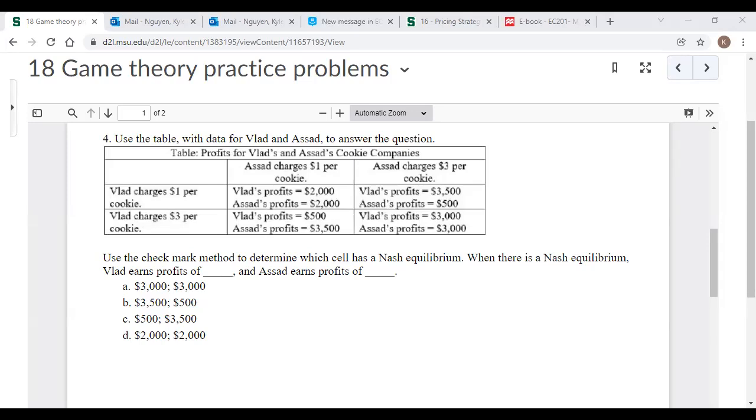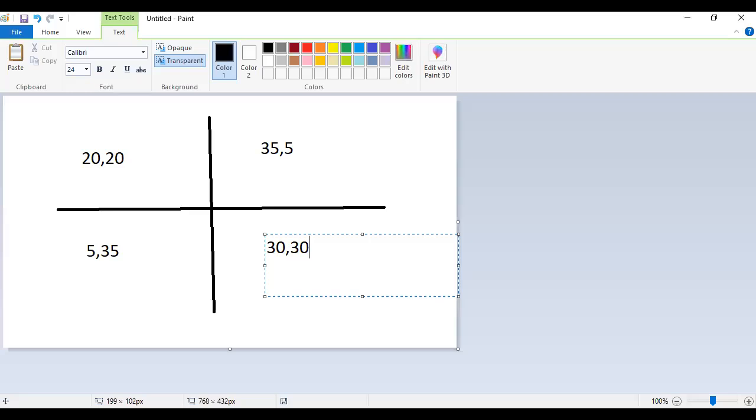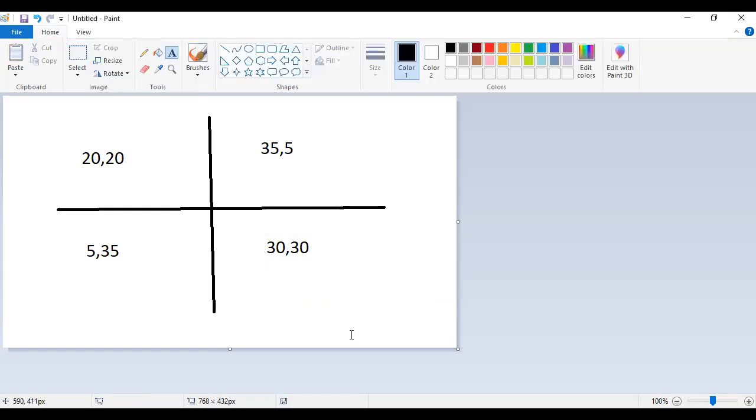Okay, now with this, let's look at our table here. The best way to start this is to figure out if each player has an absolute strategy. If one has an absolute strategy, then this becomes very easy. However, let me show you how I like to do it.